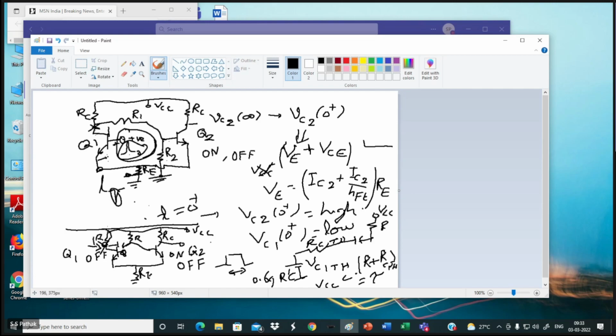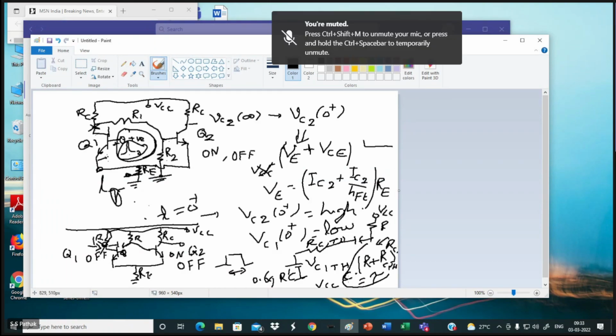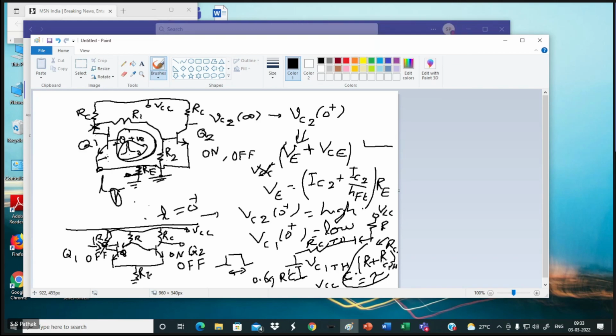So your RCTH is nothing but this RC. So your tau will be C into R plus RC. RC Thevenin's equivalent is just like your RC. RC is small, so the answer goes like that.